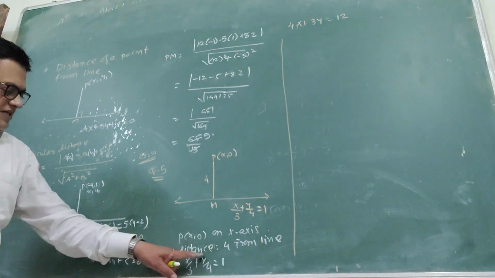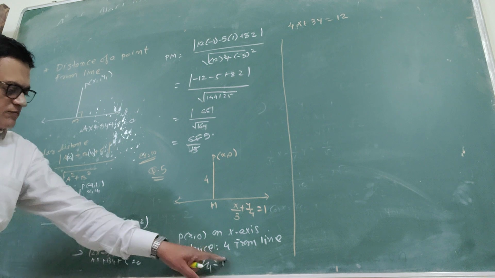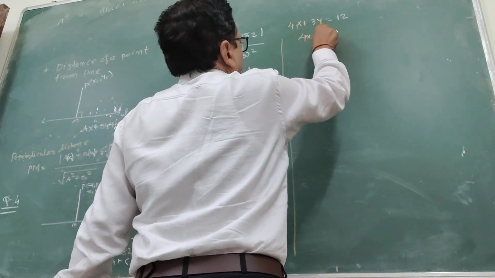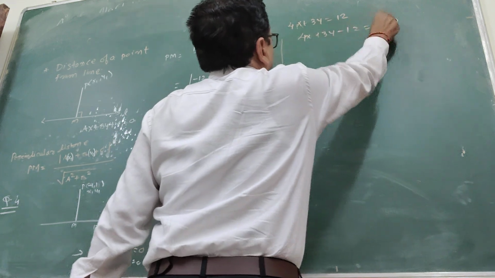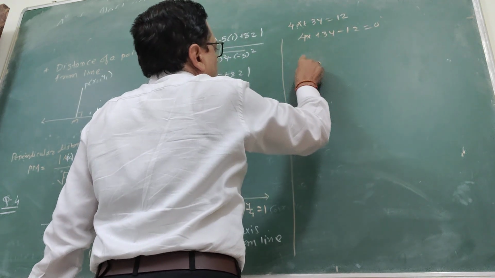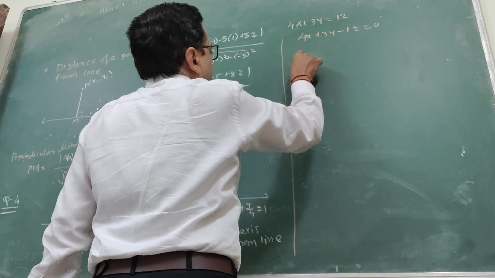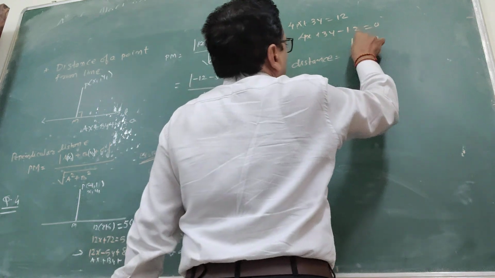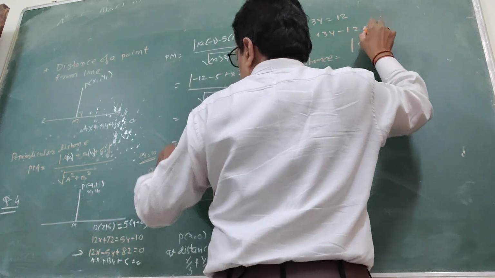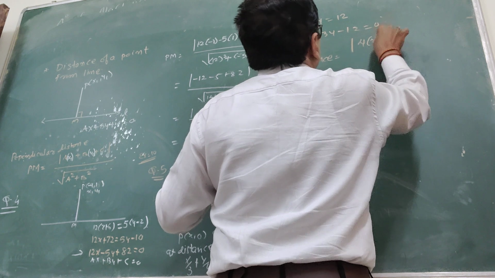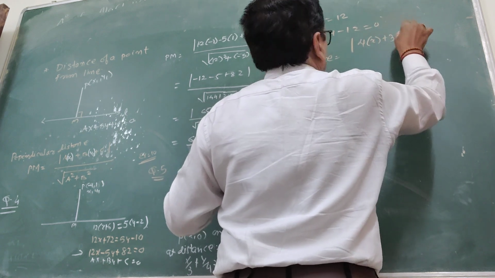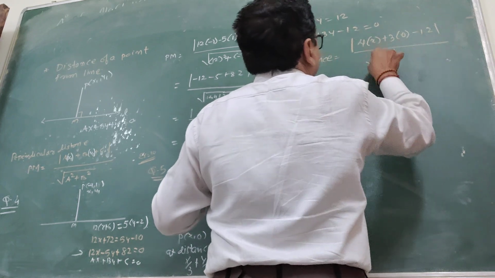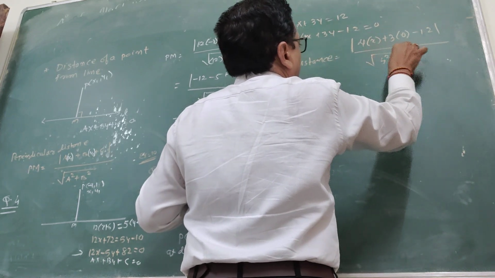So 4x plus 3y minus 12 is equal to 0. This is the line. So the distance formula is: distance is equal to the modulus of (4 into x plus 3 into y minus 12) upon the square root of a square plus b square.